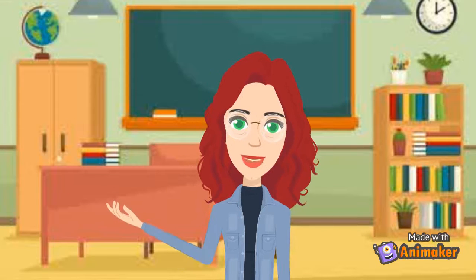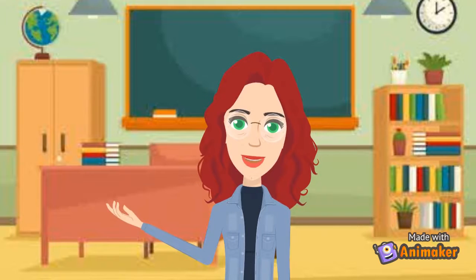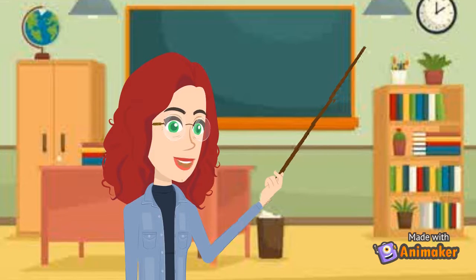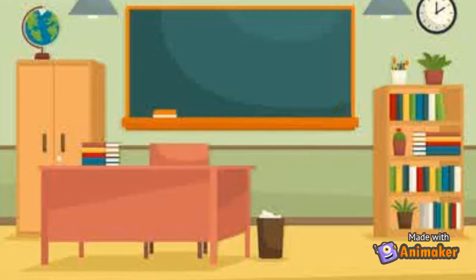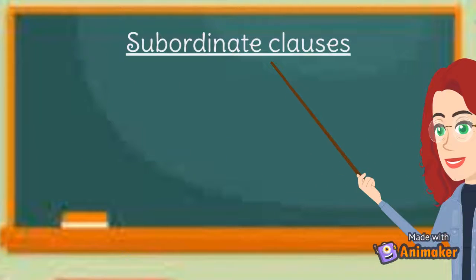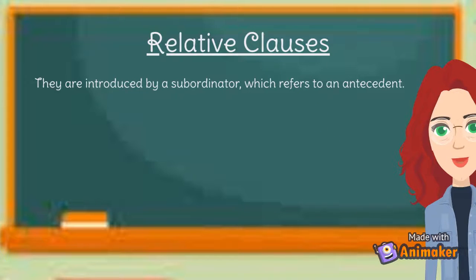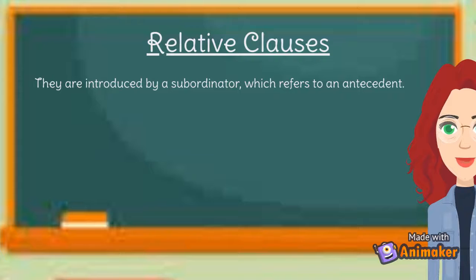Now that we have finished our analysis of noun clauses in complex sentences, let's start with the analysis of relative clauses. But before we continue, let's review a little bit. Relative clauses are subordinate clauses, also known as adjective clauses, that are introduced by a subordinator, which refers to an antecedent.